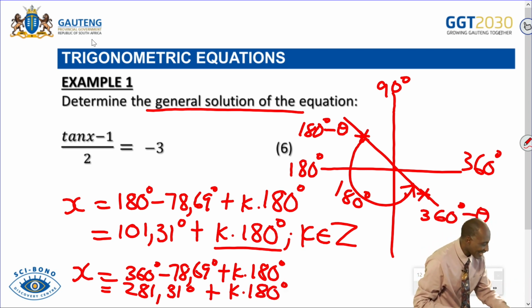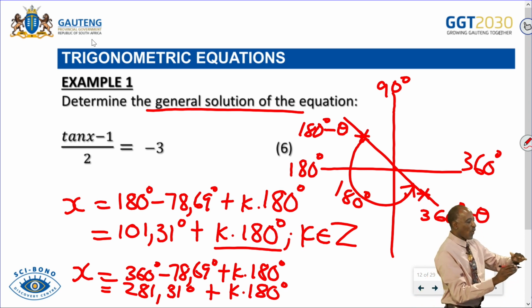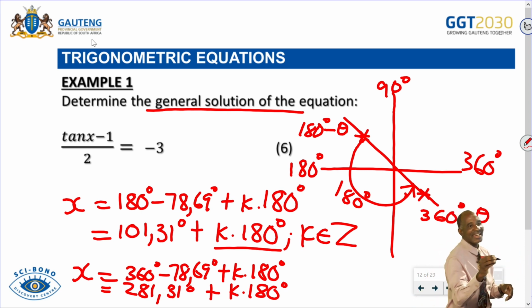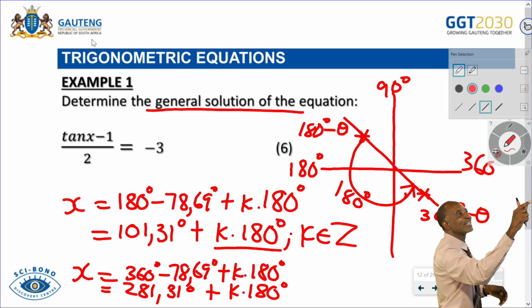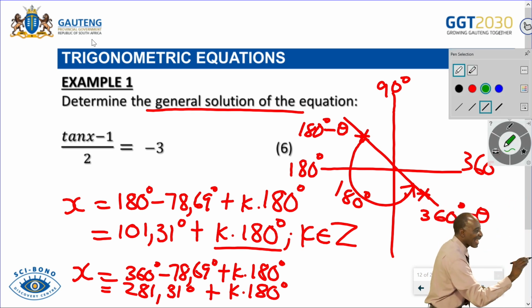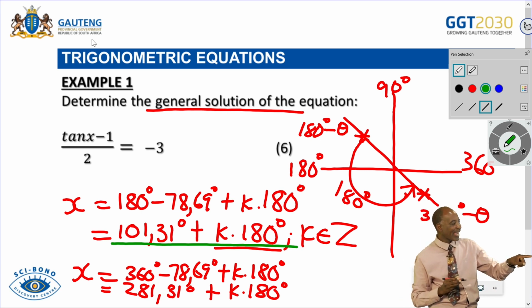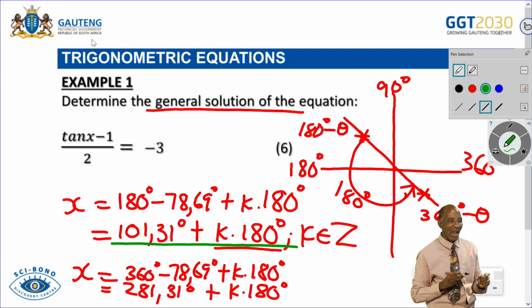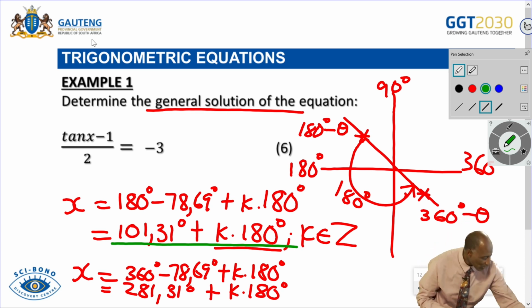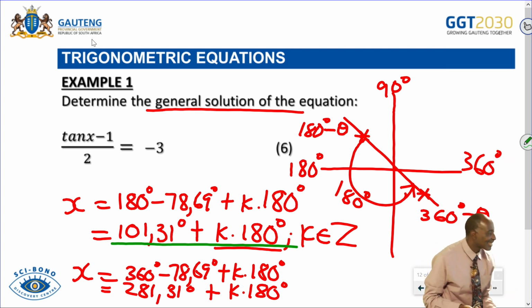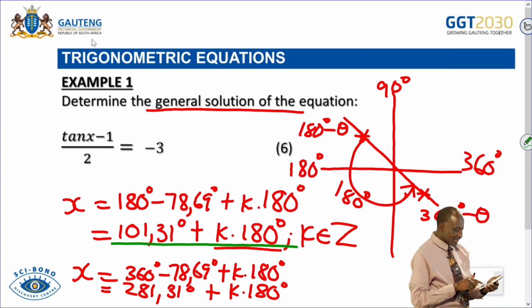You will realize that here, when you go back to this line, let me highlight it for you. When you go back to this line here, if I substitute for k using 1, I'm moving forward. It's going to be 180 degrees times 1, which gives us 180.